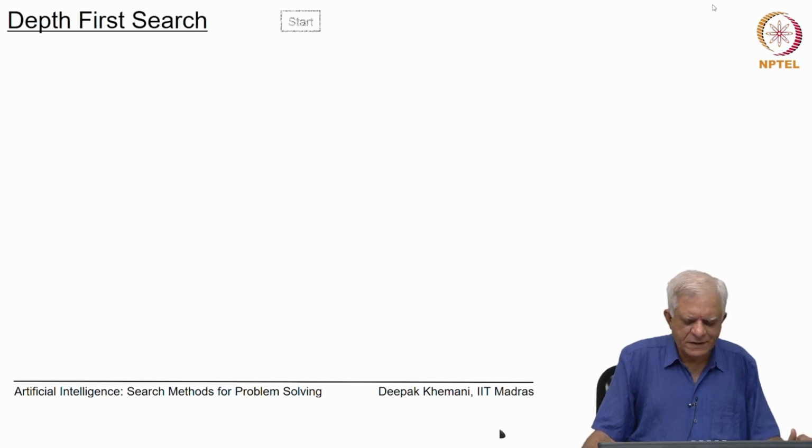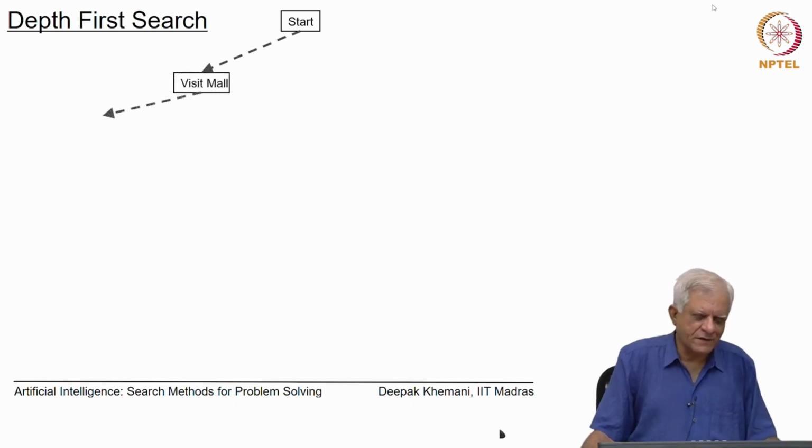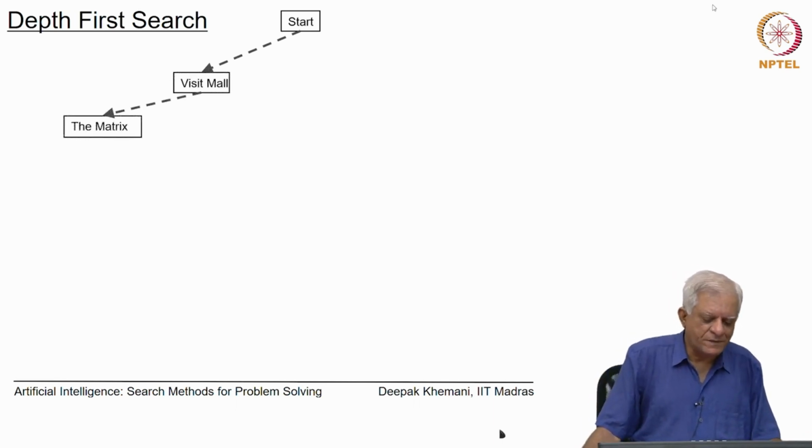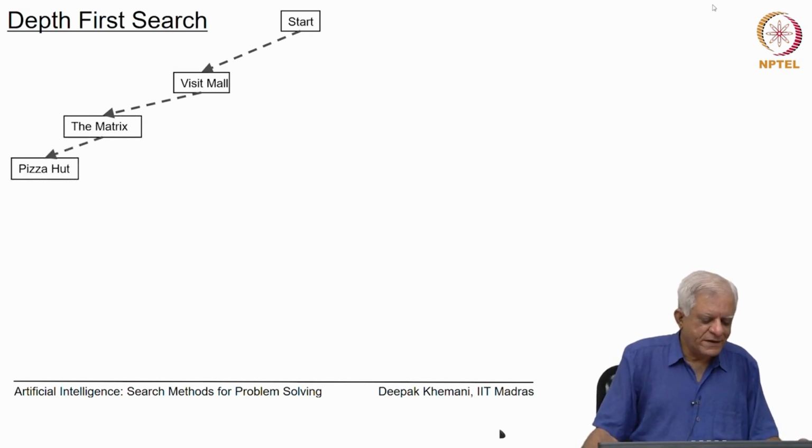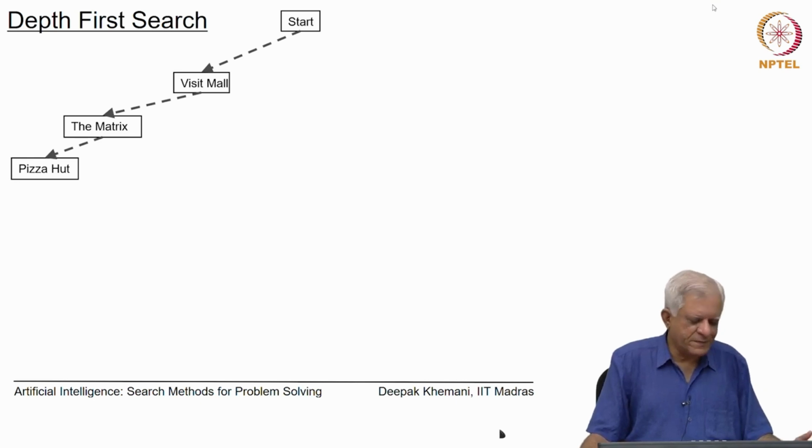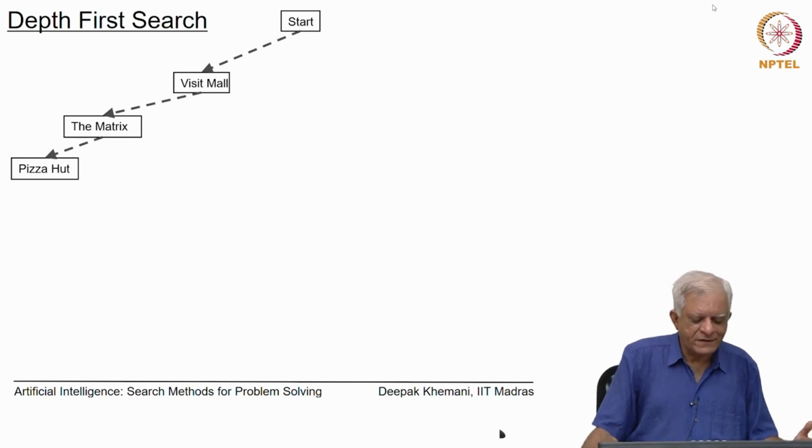So, this is how depth first search would start. You pick some activity, let us say the most common activity nowadays, visit a mall, and then you say you will go and see the film Matrix, and then you would have dinner at Pizza Hut, and you present this to your friends and they say no, somebody objects to it, and then you do this depth first search over these possibilities, and this is how you explore the rest of the search space.